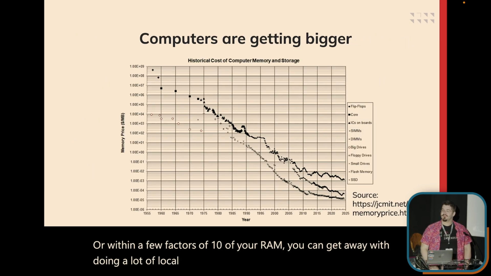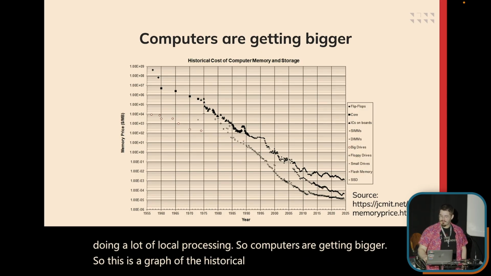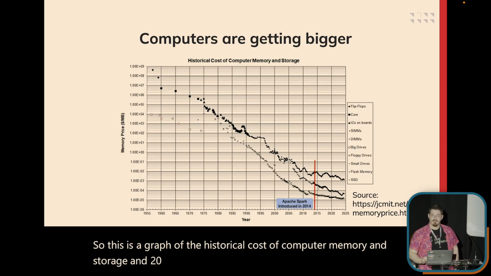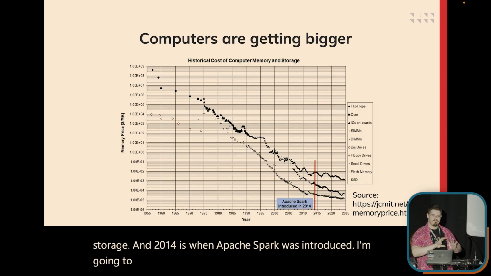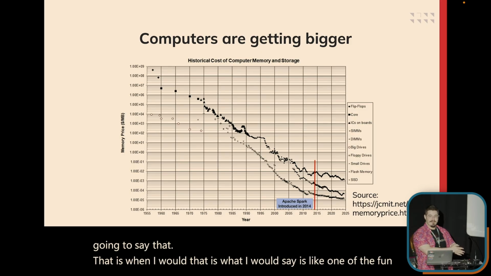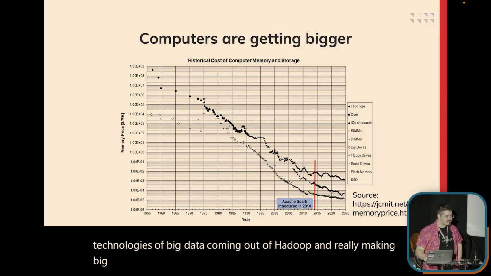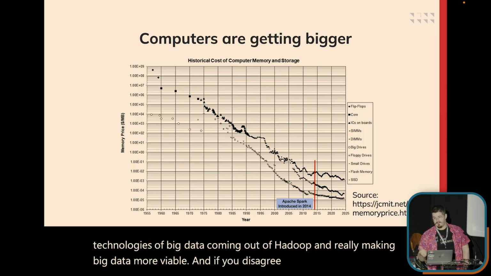So computers are getting bigger. So this is a graph of the historical cost of computer memory and storage. And 2014 is when Apache Spark was introduced. I'm going to say that is what I would say is one of the defining technologies of big data, coming out of Hadoop and really making big data more viable. And if you disagree, I'd love to talk more.